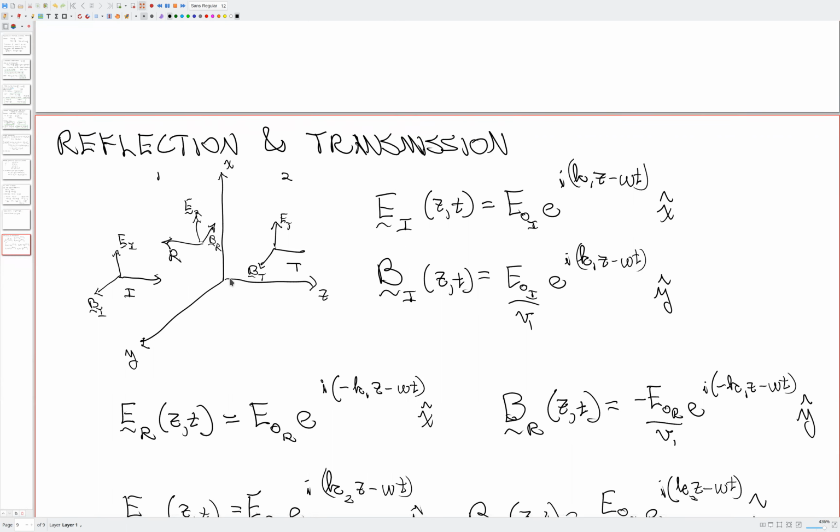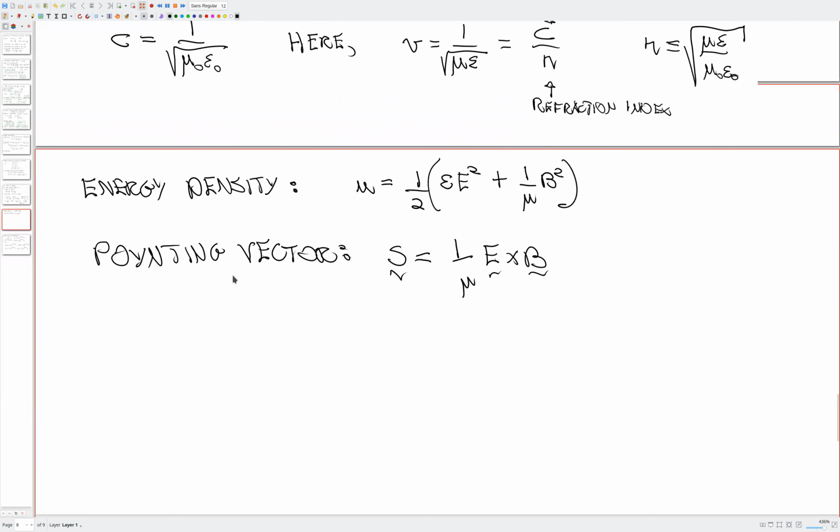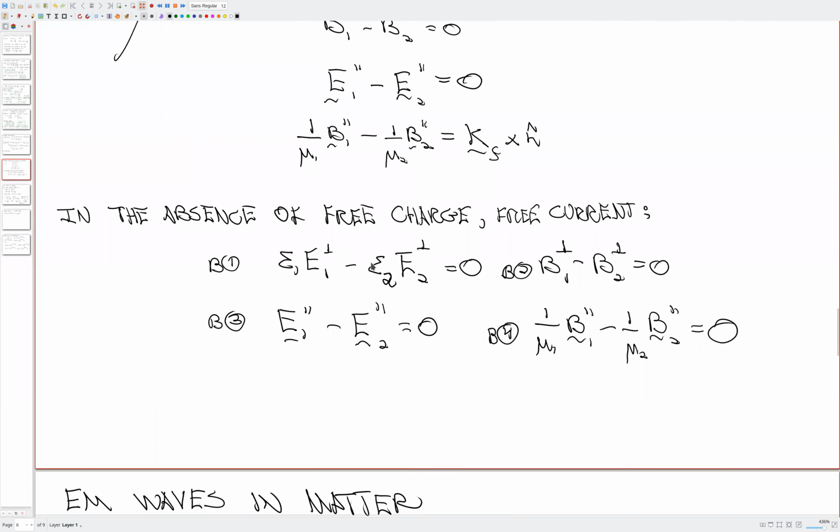The wave is propagating along Z. All the waves have an electric field which is in the X direction. And the X direction is one of the in-boundary-plane components of the electric field. But the perpendicular component, the Z component of the electric field, vanishes throughout. Okay? Nobody has that. Therefore, B1 is automatically fulfilled because E1 perp is equal to E2 perp is equal to 0.